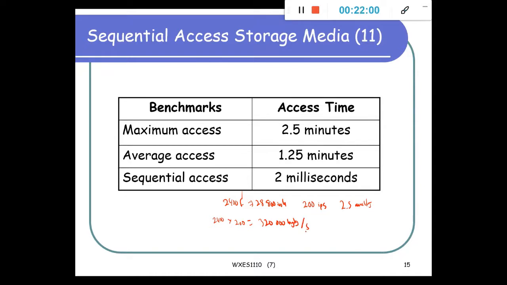And then if you want to calculate how you get 2.5 minutes, you take 28,800 inches divided by 200 inches per second, and you get 144 seconds, which is equivalent to about 2.5 minutes.